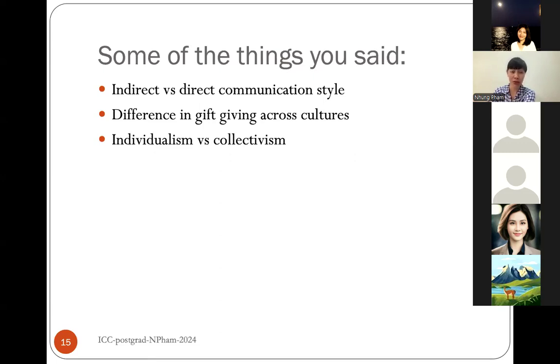I'll give you some other example when it comes to differences in gift giving, when we are not indirect at all. Now, Vietnamese people, instead of saying, can you open the door or turn the light on, please, can also say so. But sometimes they say, it's dark in here.